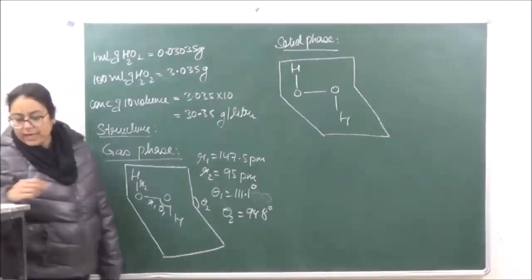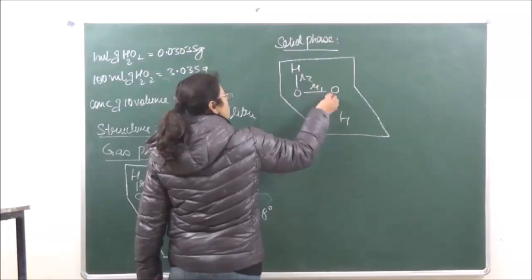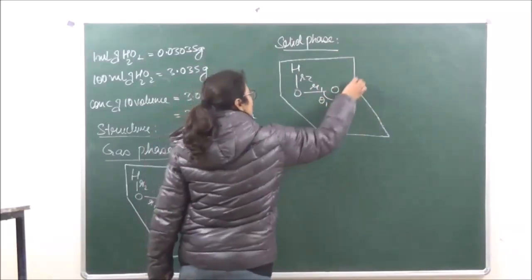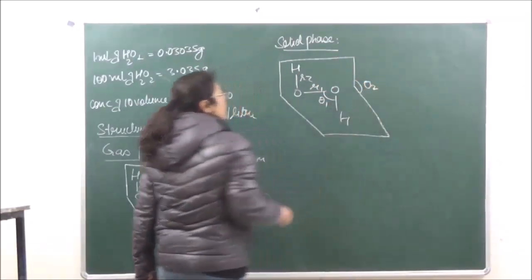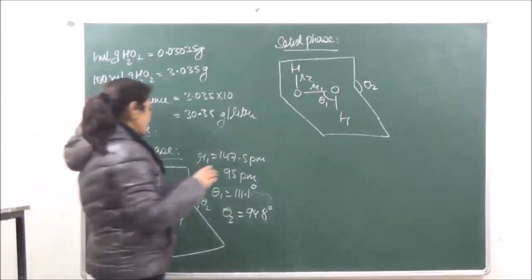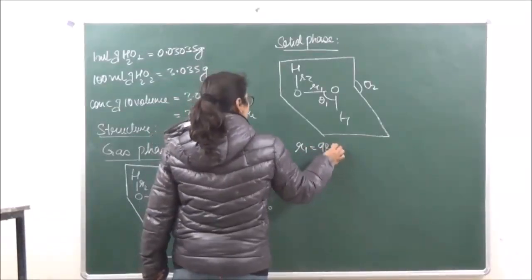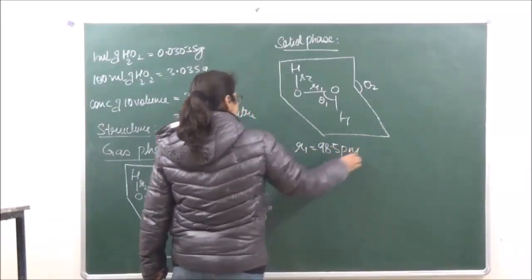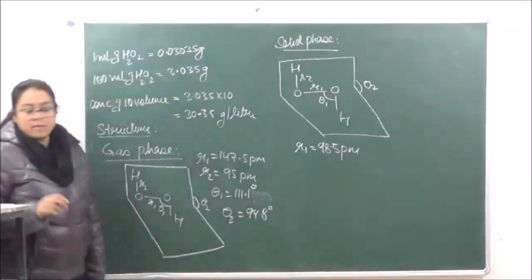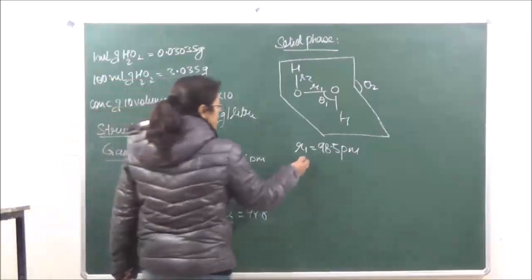Now over here we have, say this is R1, R2, theta 1 and theta 2. You will see that the dimensions over here, they are going to be different. R1 is very less with respect to the one in the gaseous phase. It is only 98.5 picometers. Then we have R2, which is going to be larger.